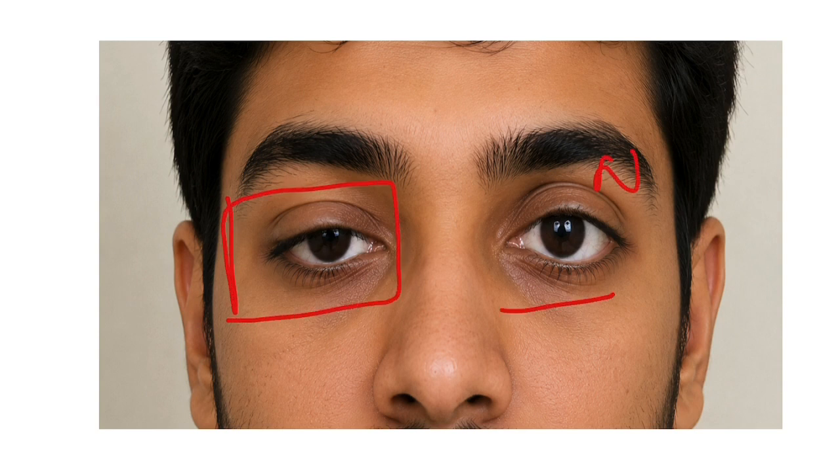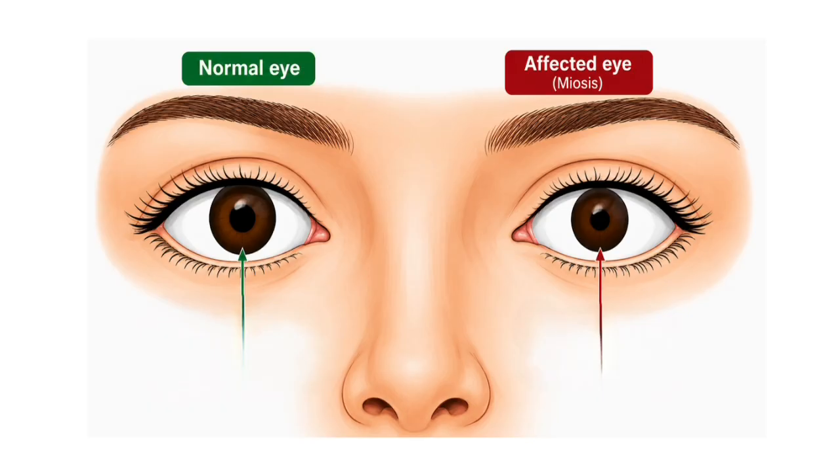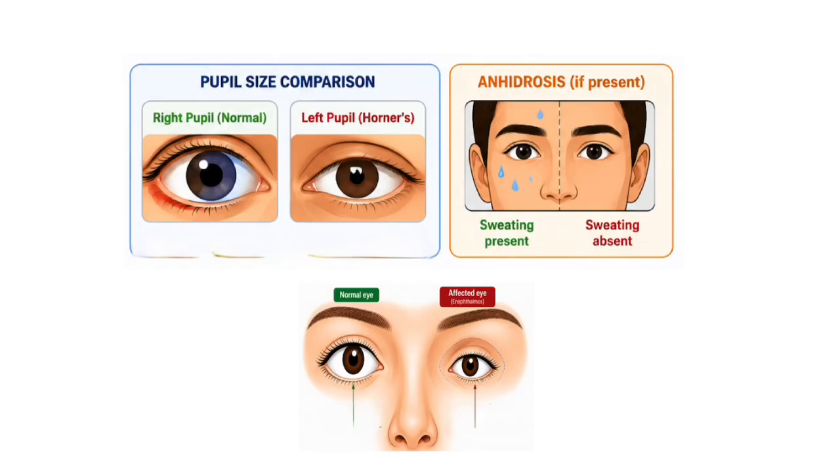This eye is normal and there is just partial ptosis of the other eye. In this eye, if we lift the eyelid, we see the pupil is small, and this is a normal pupil. So this is called miosis.